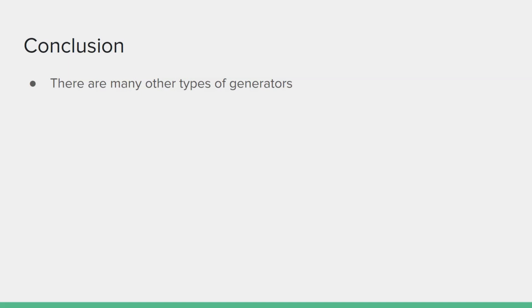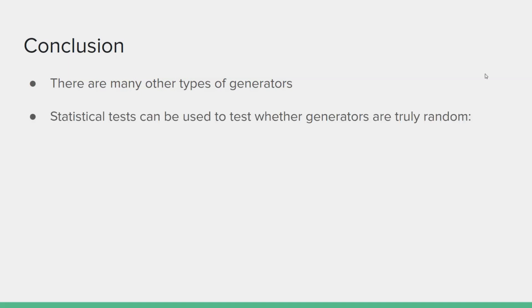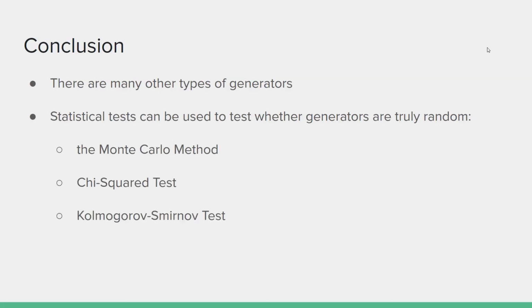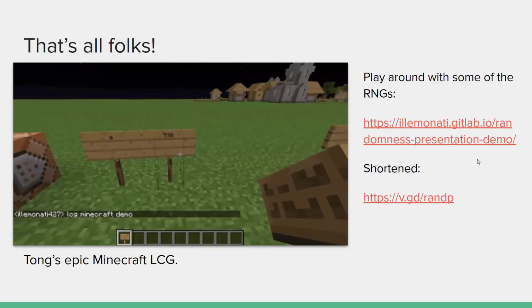There are Fibonacci-esque recursions that are also very similar variations. There are some with x squared terms. And there are many statistical tests you can use to determine whether generators are truly random. For example, you have the Monte Carlo method, the chi-square test, the KS test, and these are all tests you'll be able to see in the full version of our presentation.